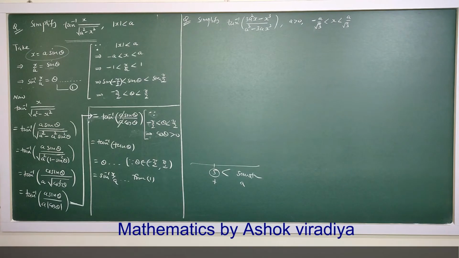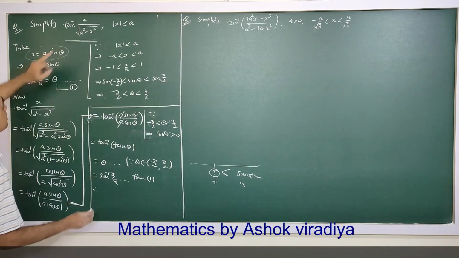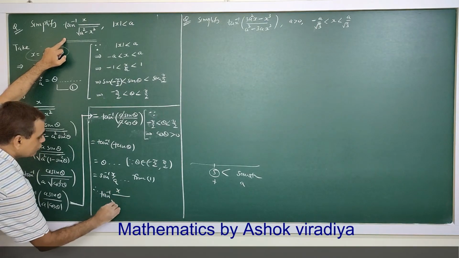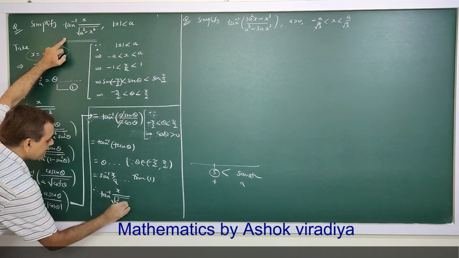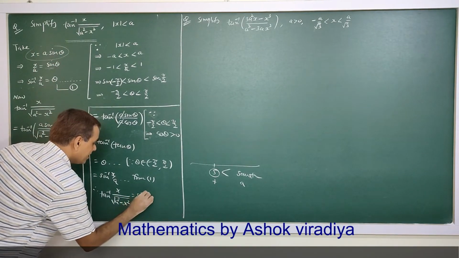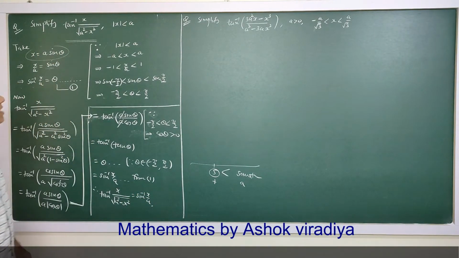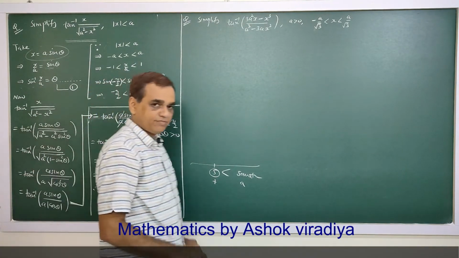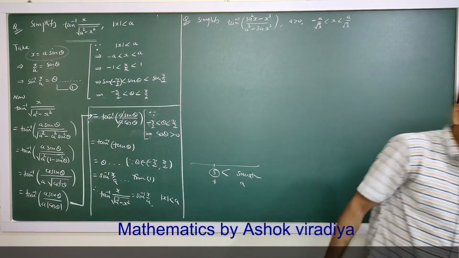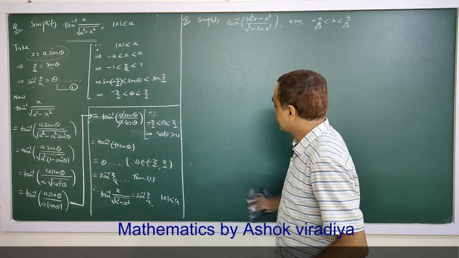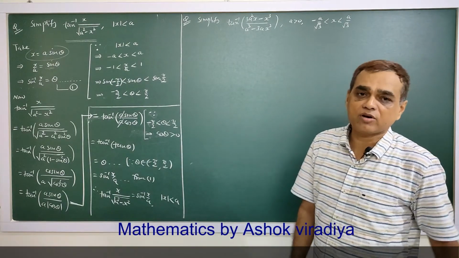So the simple form is, therefore, tan inverse x upon root a square minus x square is equal to sine inverse x upon a if modulus x is less than a. So in these methods, the restricted domain of all 6 functions is very important.